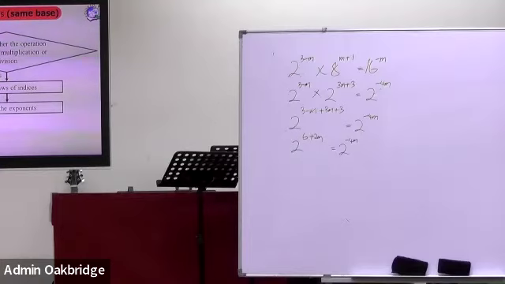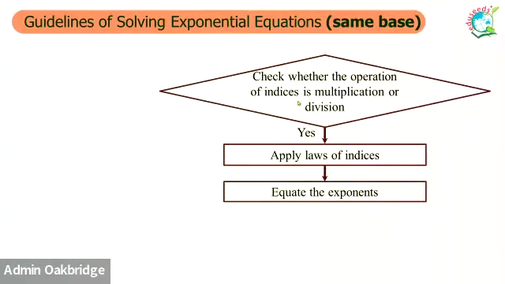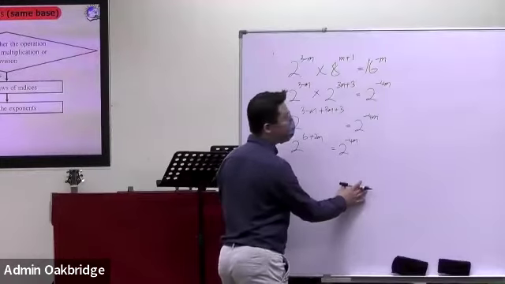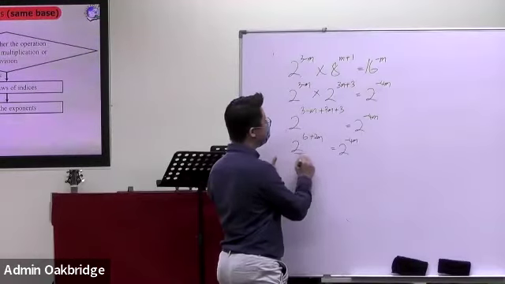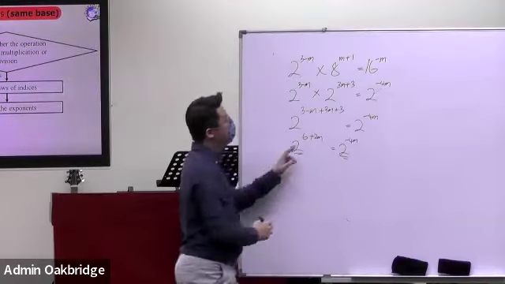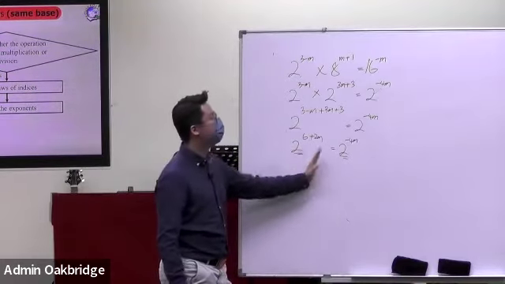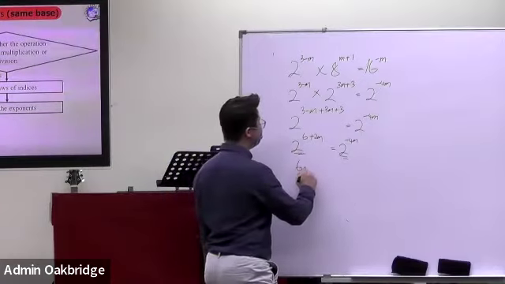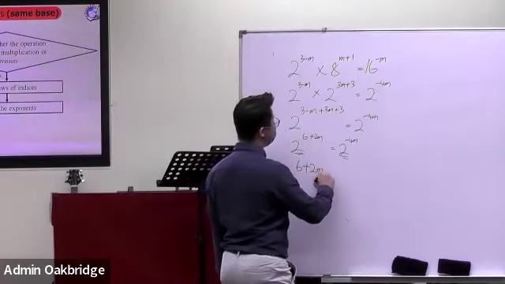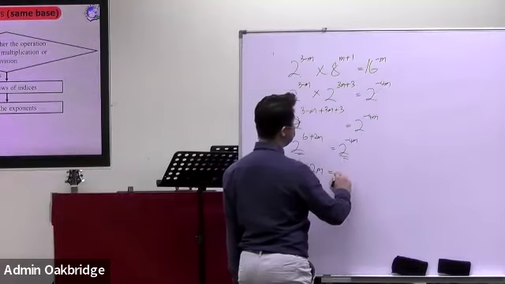And then equate the exponents, right? Equate the exponents. Now, as you can see, both sides have the index form with the same base. Of course, their powers must be the same, because here is the equation. Left-hand side must be equal to right-hand side, so the power from the left-hand side must be equal to the power from the right-hand side.